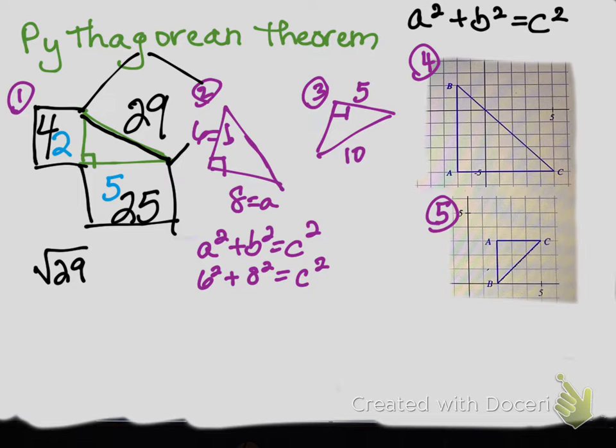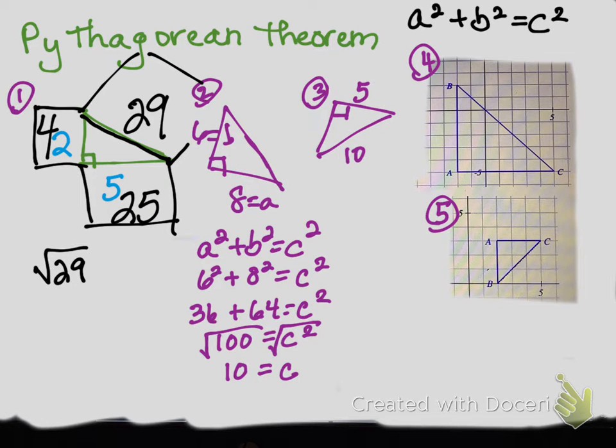And then we can change this to 36, this to 64, and so that means 100 is c squared. To get rid of our square, we do the opposite and we take the square root. And so in this case, 10 is this side length right here.